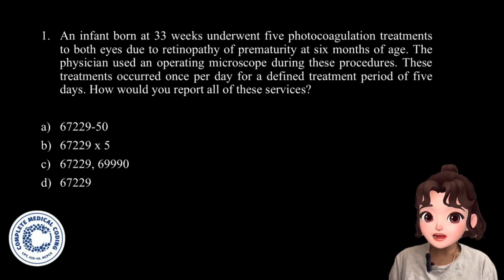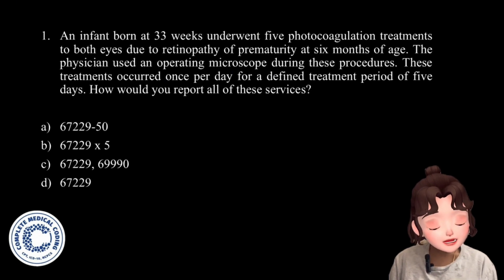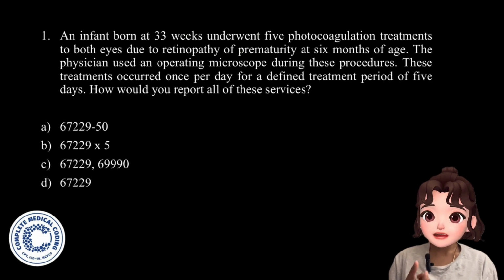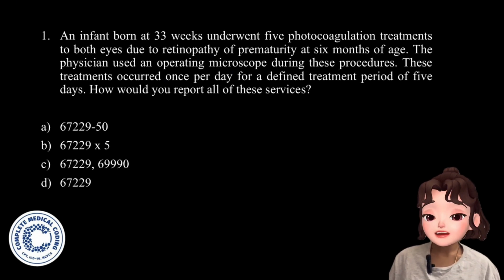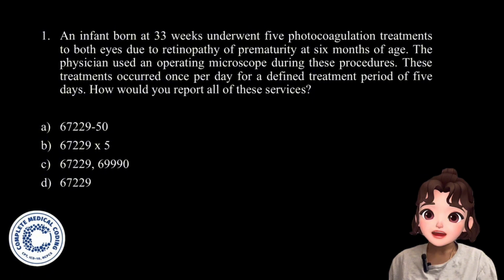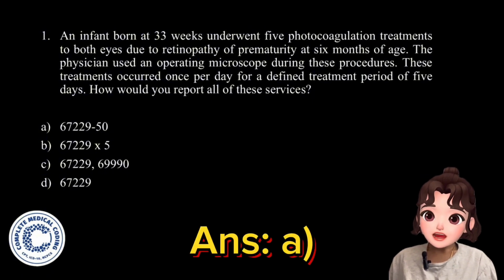Check if 67229 is present. Yes, it is present, in the range 65091 to 68850. So the operating microscope is included in 67229, and there is no need to mention it separately. Since this is bilateral and you have to mark it with modifier 50, the correct answer here is option A, 67229 with modifier 50.